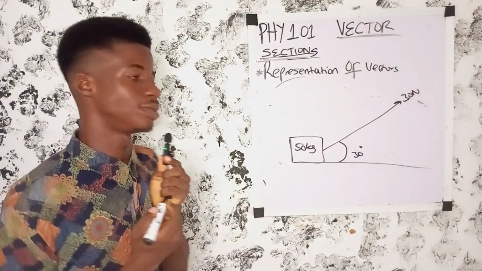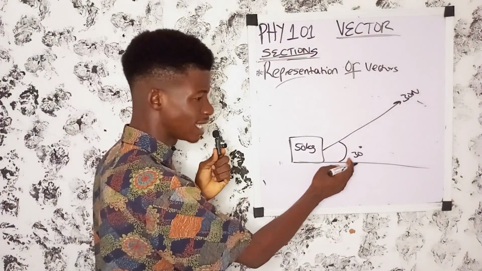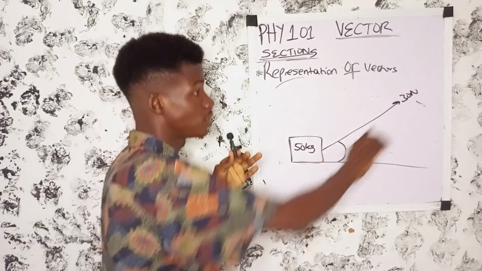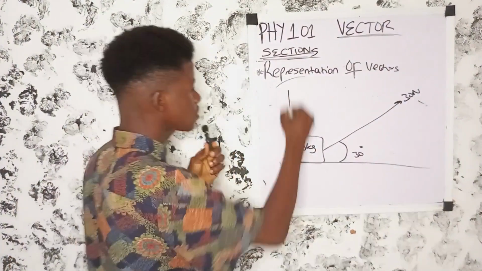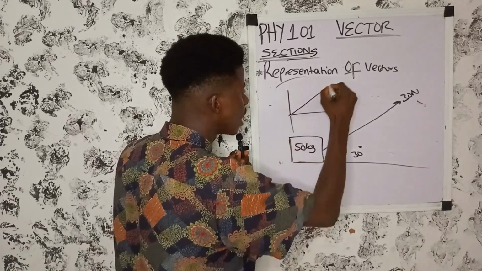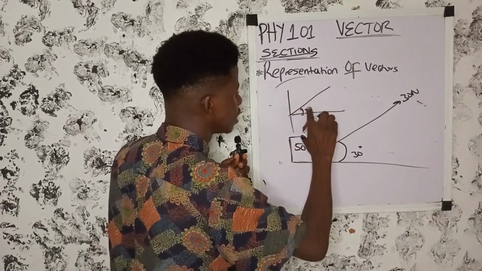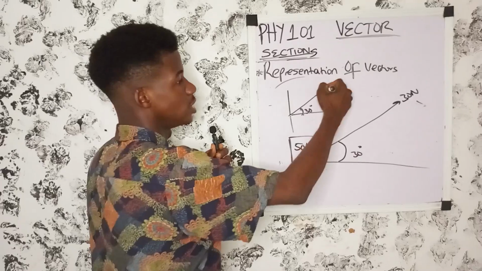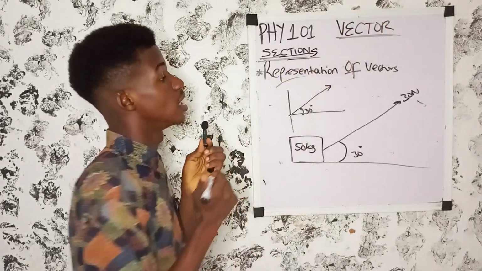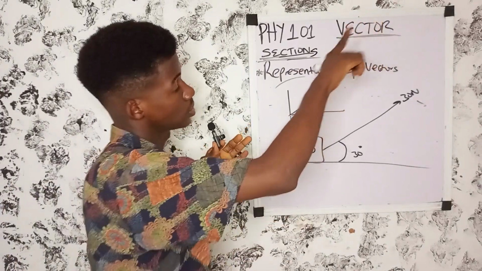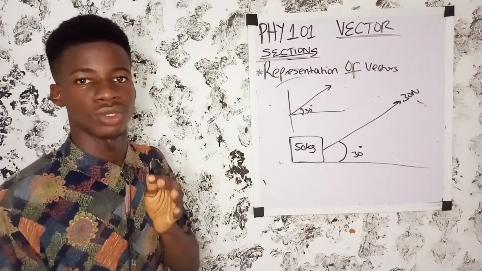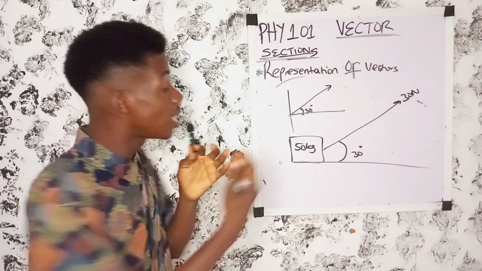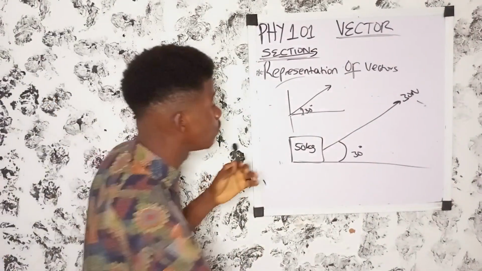This angle tells you the direction of the force, or the direction of the vector. This is 30 degrees above the horizontal. It shows that the vector is going north east. Angles also represent the direction of a vector quantity.